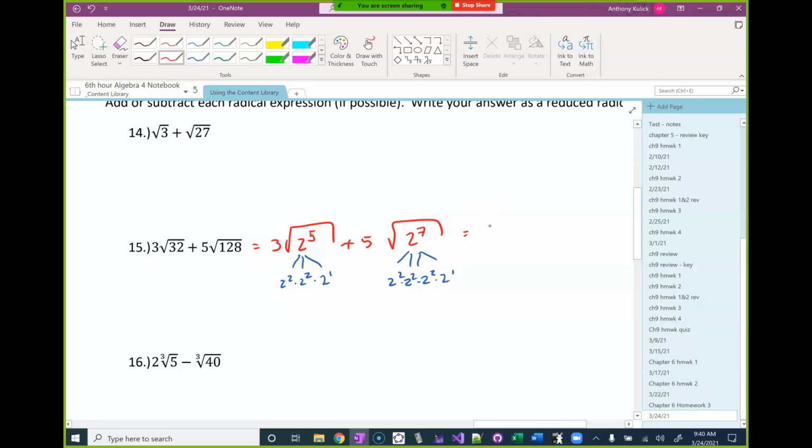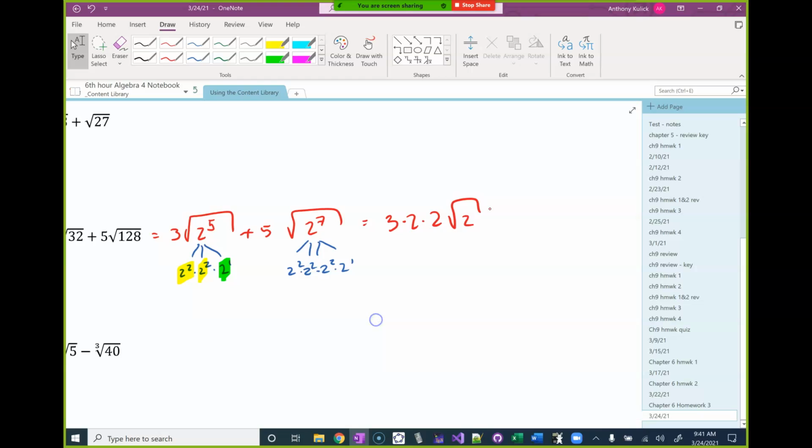So when I reduce the radicals, from the first radical, I have 2 2's that can come out front. And then I have the 1 2 that's left over. Cool there. In the second radical, I have 3 packets of 2 that I can take out.